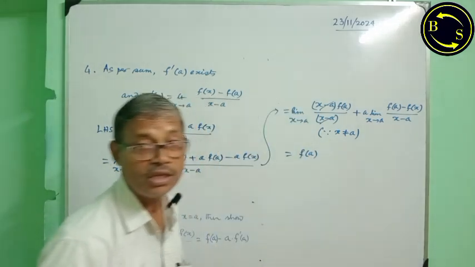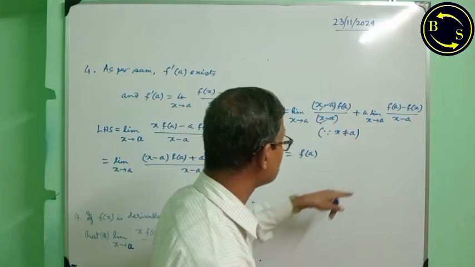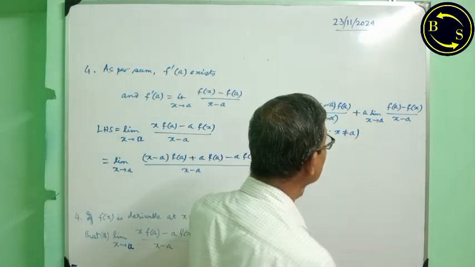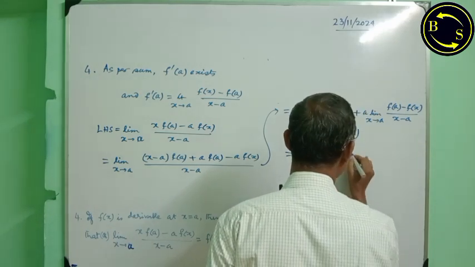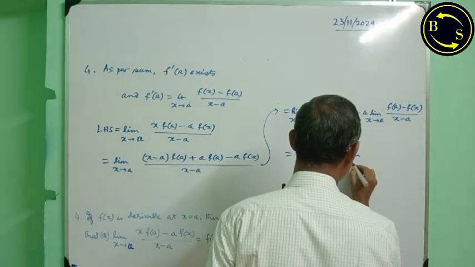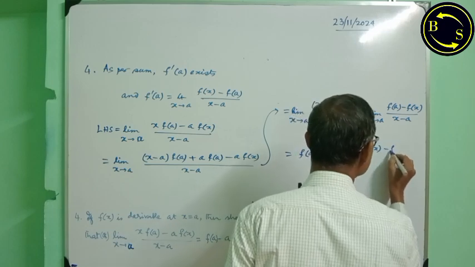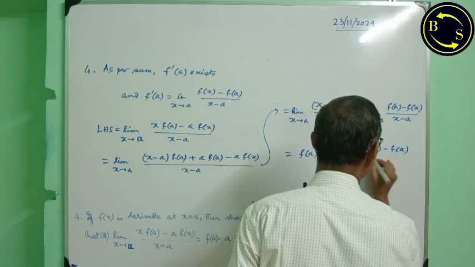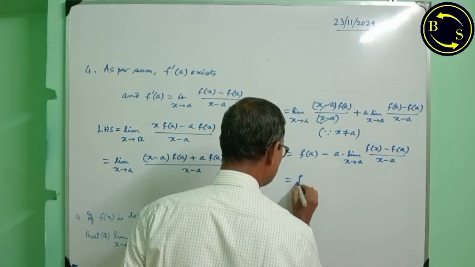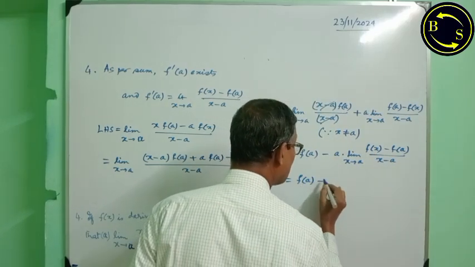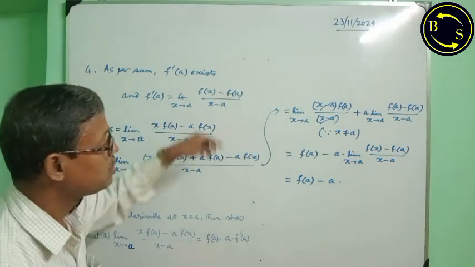Here x is variable, x tends to a, but there is no x in fa, that means fa is constant, therefore the value will be fa. Now I take minus common, minus a into limit x tends to a, fx minus fa by x minus a. Therefore this is fa minus a, and already I have written f dash a equal to this one.